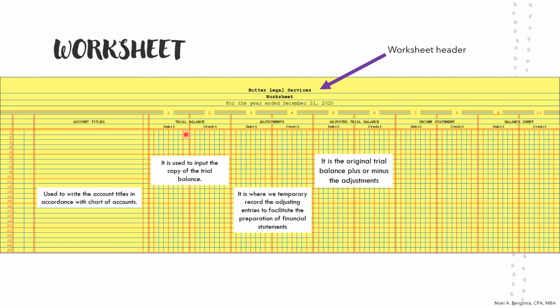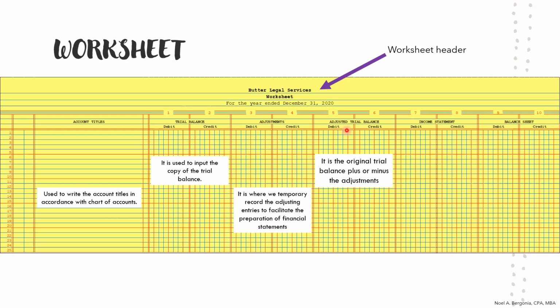No? So mamaya we will show na kung sakali man na sa trial balance, meron siyang laman, yung isang account, then sa adjustments, hindi naman siya naapektuhan ng ating adjustments or adjusting entries, then i-copy-paste lang natin siya in the column where it is placed in the trial balance going to our adjusted trial balance, whether debit or credit. Pero kung merong laman sa adjustments, then depende whether it will be added ba or it would be deducted. Okay?